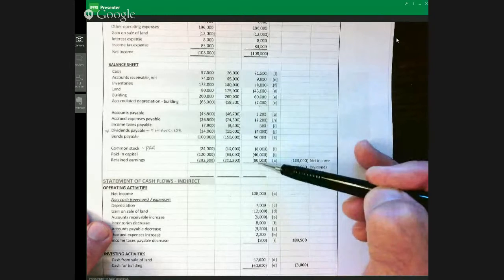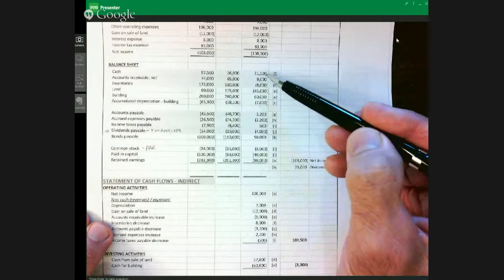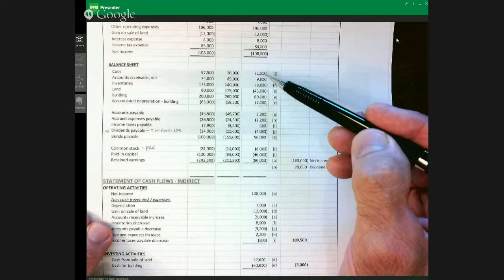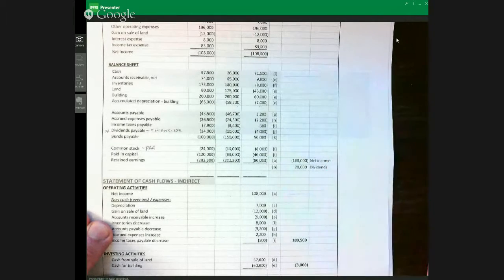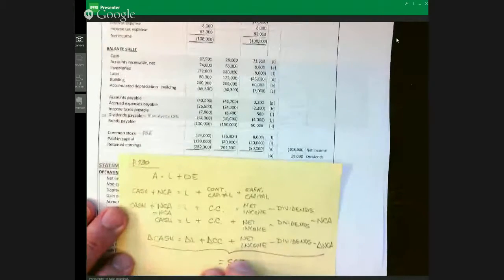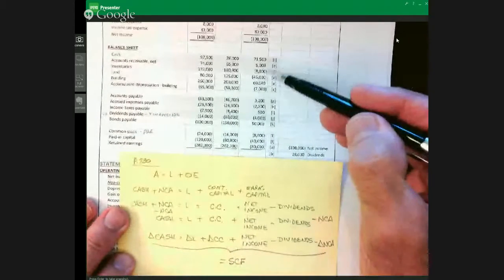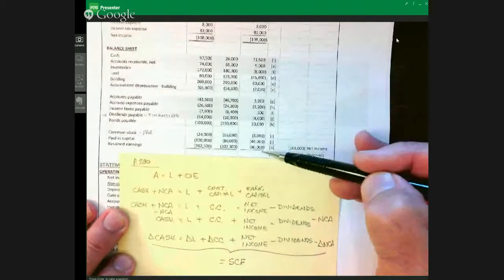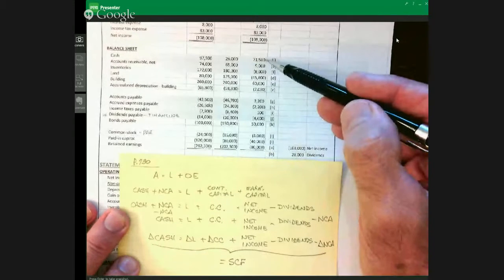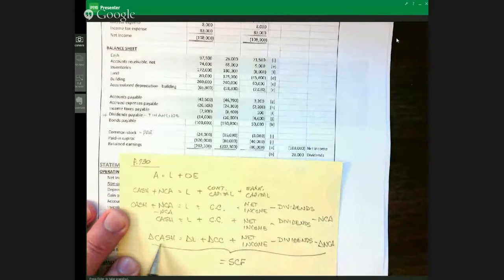When you do, the total value should be $71,500. That is the change in cash. And what that illustrates is that, once we have analyzed the change in each of the accounts on the balance sheet, we would have explained the change in cash, like this formulation here shows us.